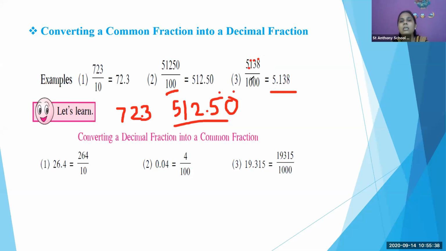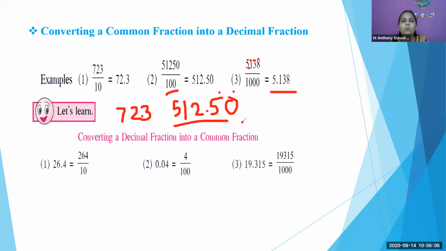So count the zeros in the denominator. If 10 is there, the decimal point will be shifted after only one digit. If 2 zeros are there, then after 2 digits. If 3 zeros are there, then after 3 digits our decimal point will be there. Correct?